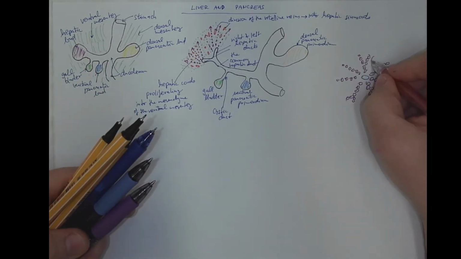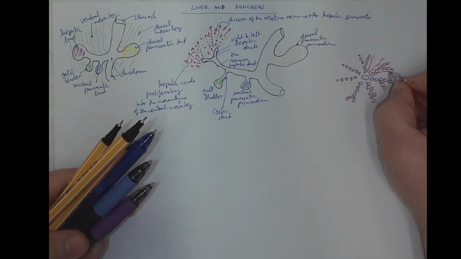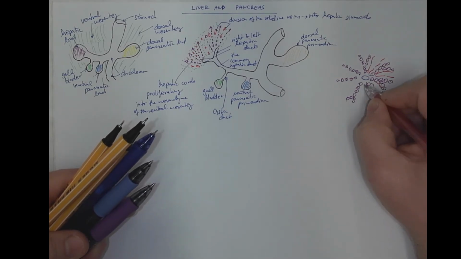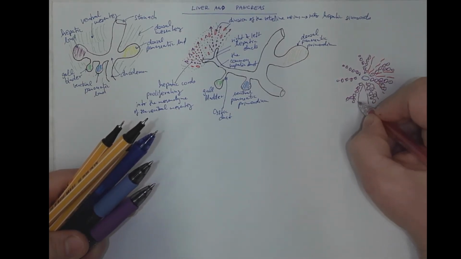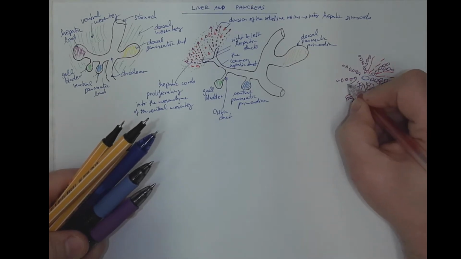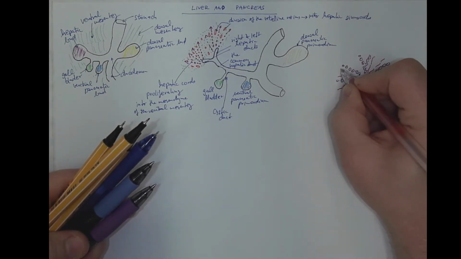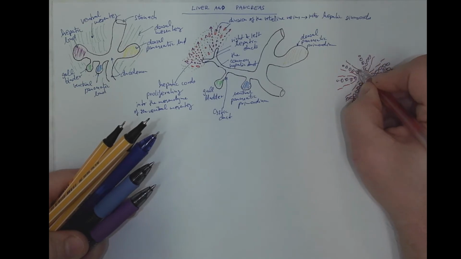We've got the hepatic sinusoids with their highly permeable wall inside. The hepatic sinusoids are carrying the blood towards the central vein. So that's how the histological structure of the liver emerges.